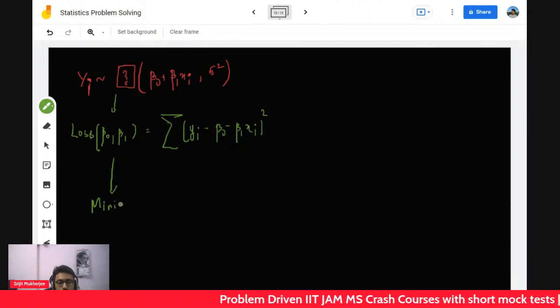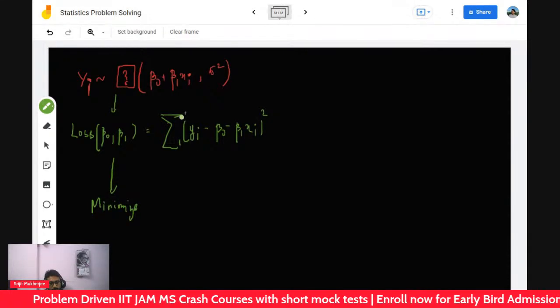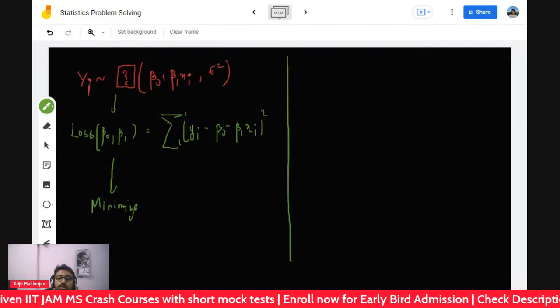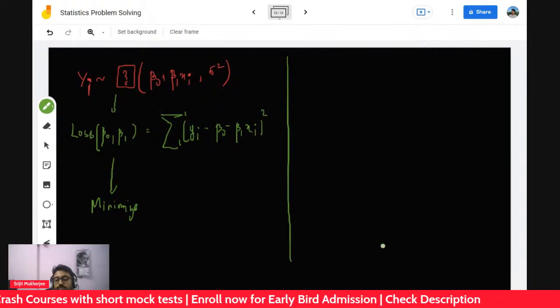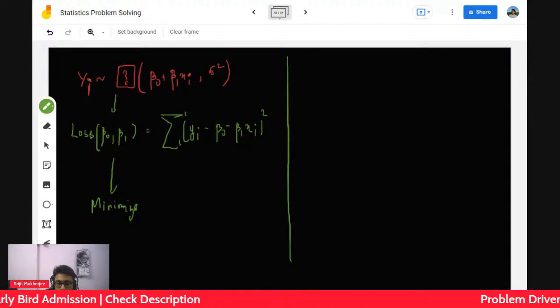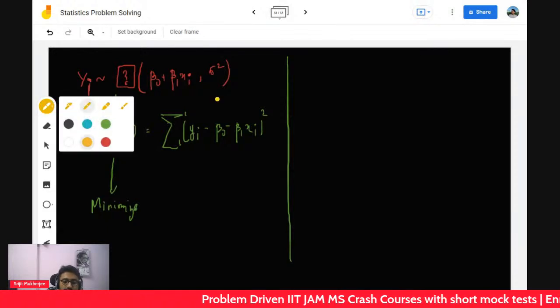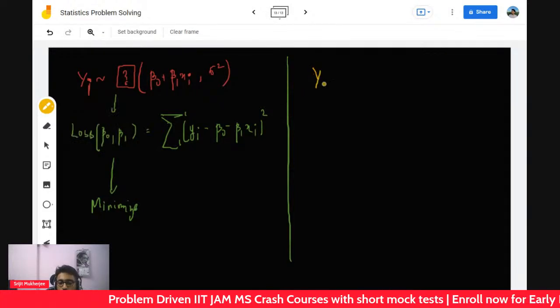This is the core idea. We need to find a loss function and we minimize it. So let's say the usual framework: how does the usual framework fit in here? The usual framework is what?